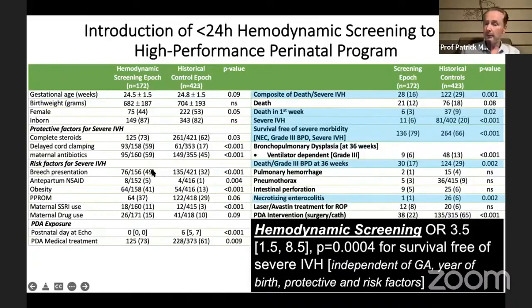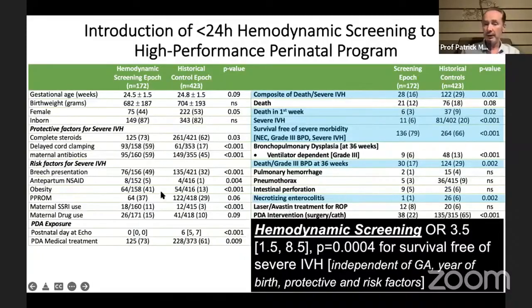The babies were born by breech presentation. Despite all these disadvantages, the composite outcome of death in the first week, severe IVH, severe grade 3 BPD, and necrotizing enterocolitis were significantly lower in the modern epoch.